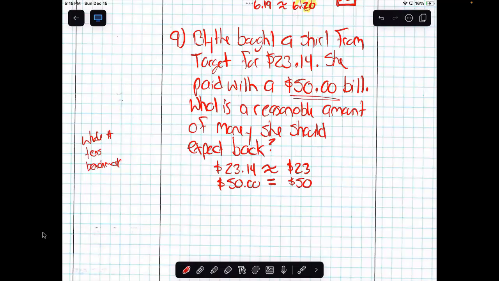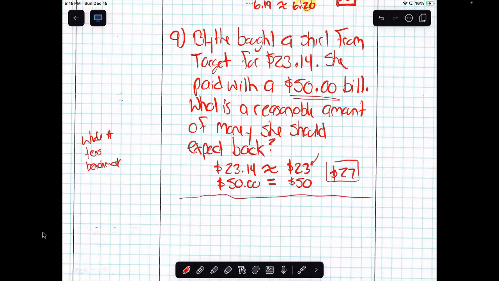So 25, and the difference between 25 and 50 is 25. And just add the 2 more on for 27, the 2 more that you're missing between 23 and 25. So a really good estimate would be to turn the $23.14 into $23, and we're leaving the $50. $27 is a great estimate. So that would be one way of doing this problem.